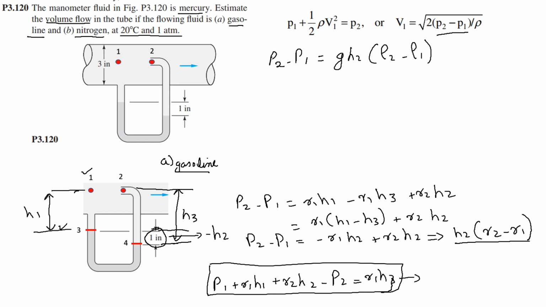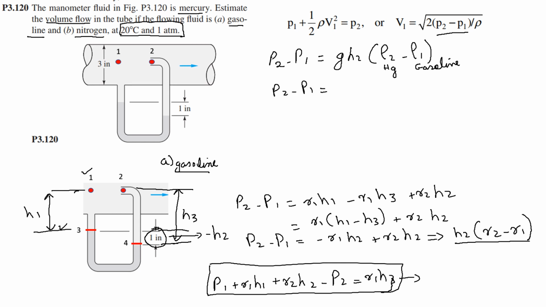So this rho 2 is the density of mercury, and this will be the density of gasoline. So read the values of density of gasoline and mercury at these conditions, at 20 degrees C and 1 atmosphere, and put them here and find the value of P2 minus P1.